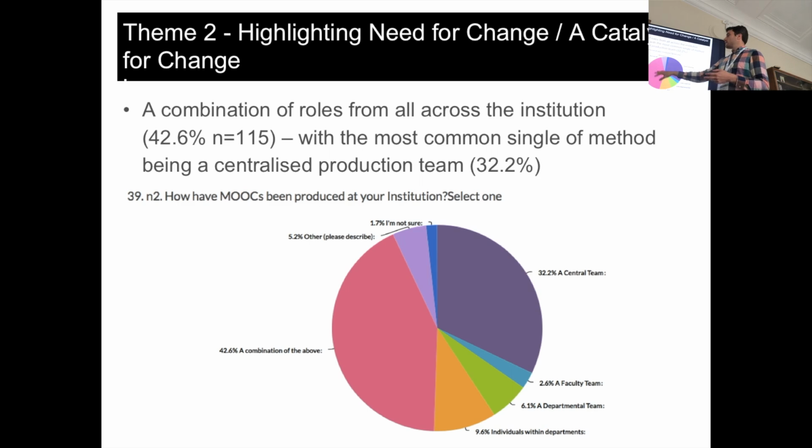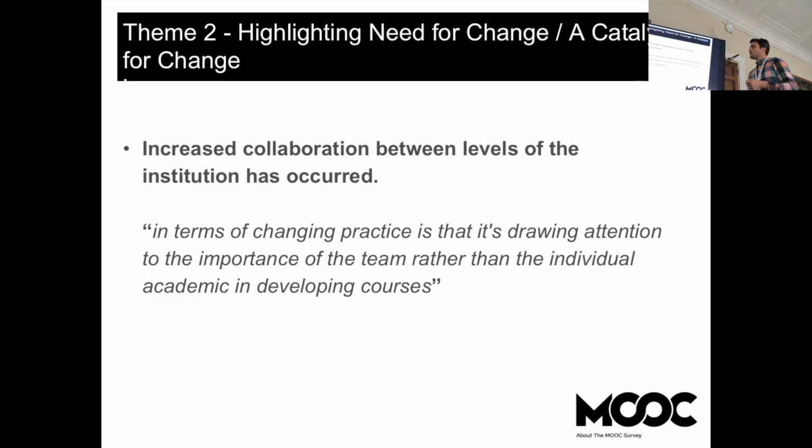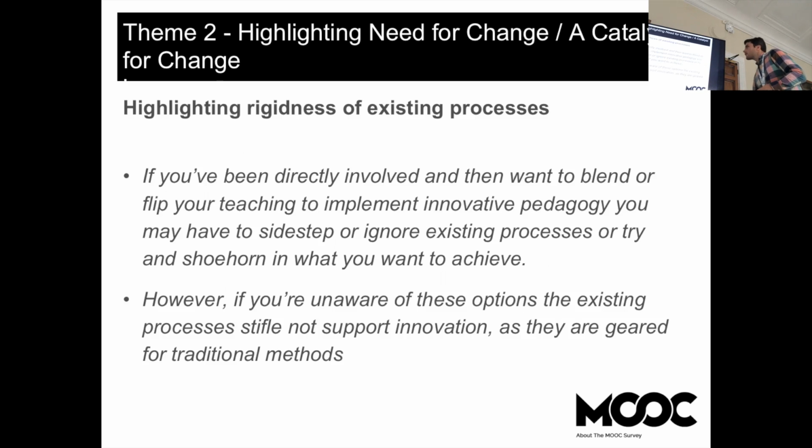The overriding single way of producing them was, again, collaboration across institutions. One of the quotes from the interviews, about changing people's practice, drew importance to the need to be part of a team and not just the lone innovator plugging away; you really have to do it effectively with teams across the institution.